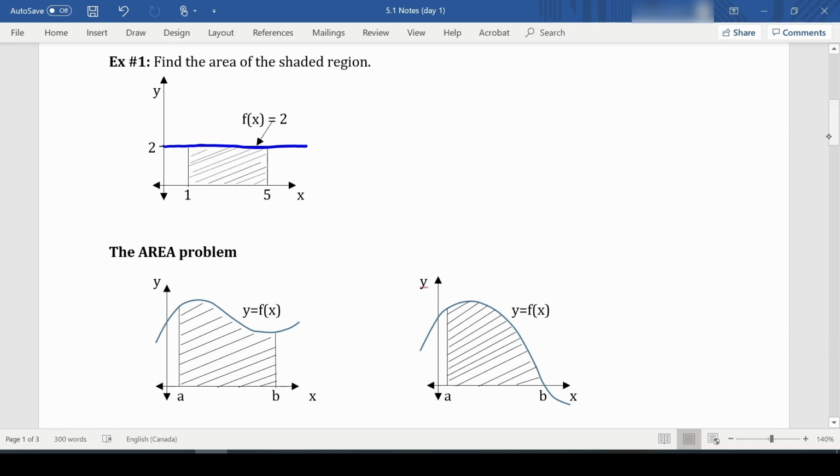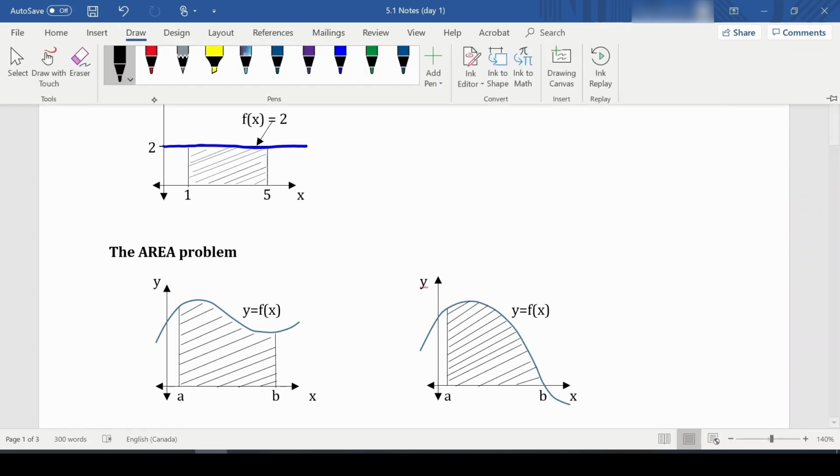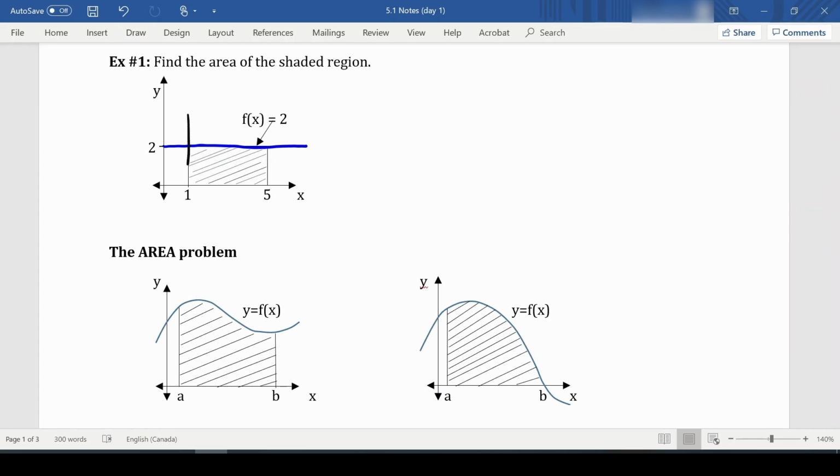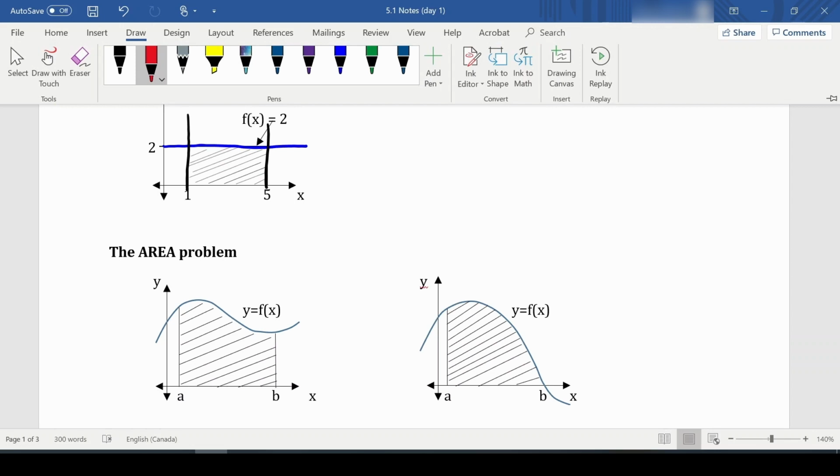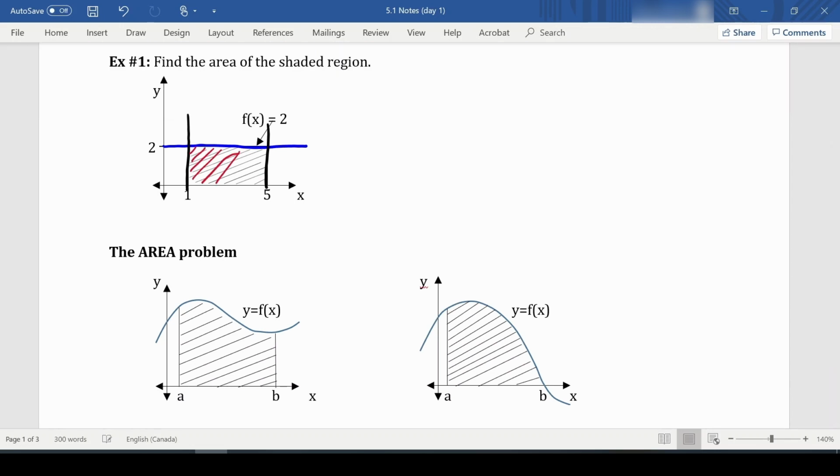And I'm looking at two x values. The x value is 1, which would give me a vertical line, and the other x value is 5, which gives me another vertical line. And we can see that this encloses an area that is enclosed between our function f of x equals 2, the x-axis, and these two vertical lines where x equals 1 and x equals 5.